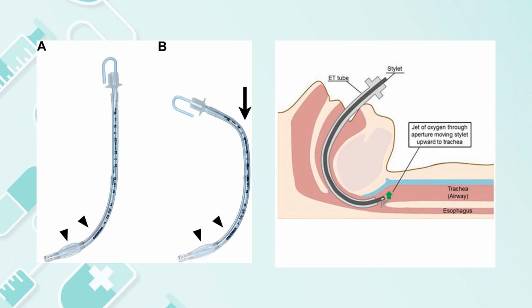Usually we use the McGill configuration when the tube is malleable and we cannot guide it to the vocal cords, in spite of having a good visualization of the vocal cords. But the hockey stick, we can use it in more difficult intubation situations.